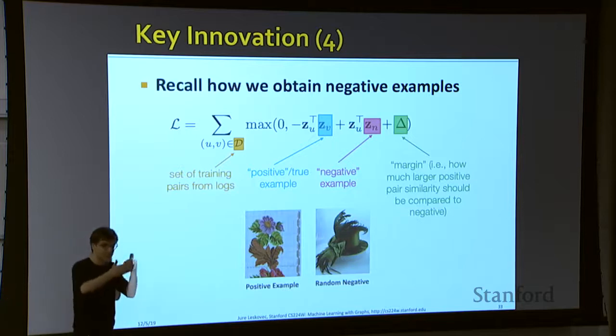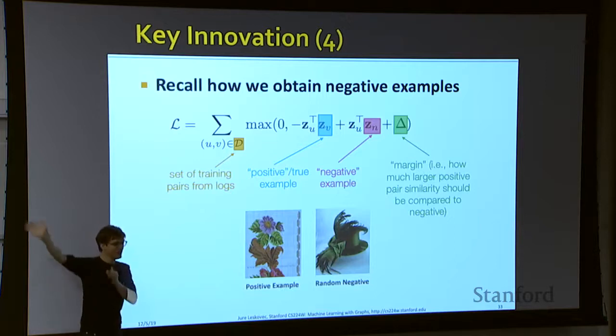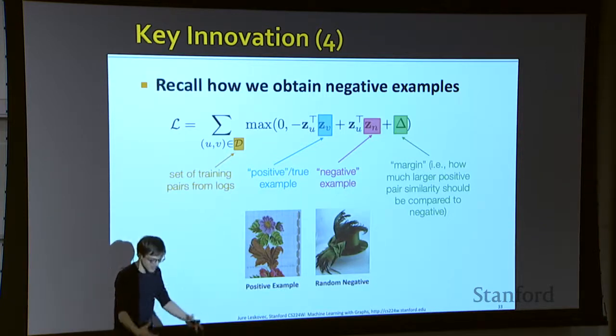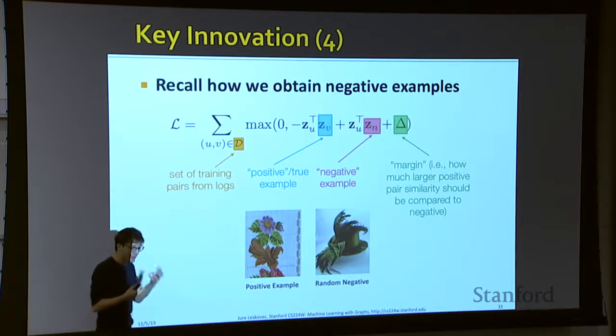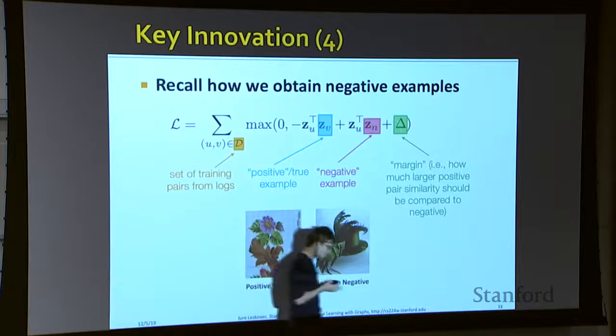All I care about is the top 100, and for the rest I couldn't care less. I don't care whether something that should be at rank 2 billion is now at rank 1 million. It's infinitely far for me. What I really care about is the top 100, because I can take the top 100 and show them to the user.